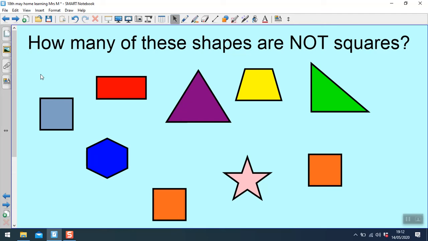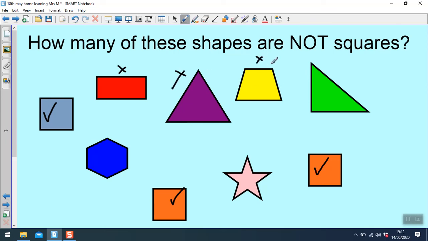So what I'm going to do is I'm going to tick the squares. This is a square, this is a square, and this is a square because it's got 4 sides and they're all the same length. This here is a rectangle, so that's not a square. Triangle is not a square. This is called a trapezium.